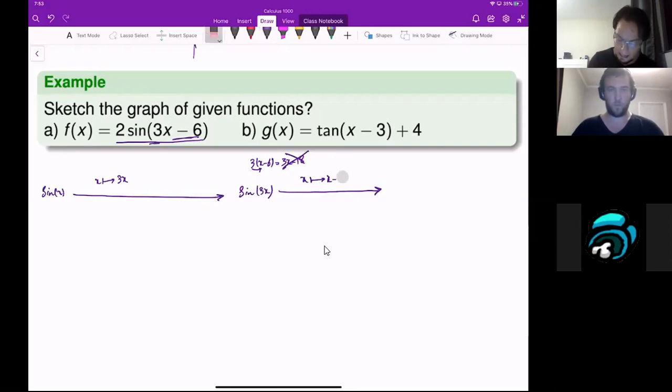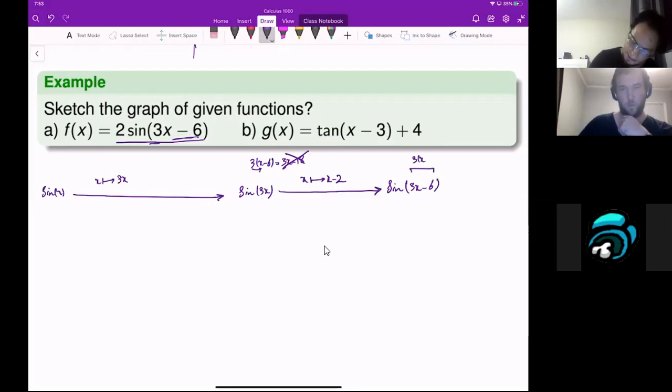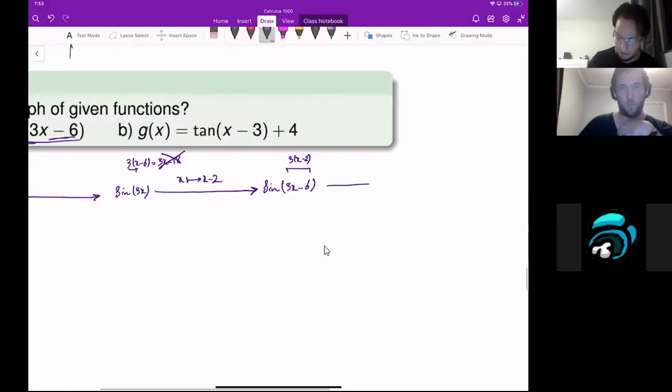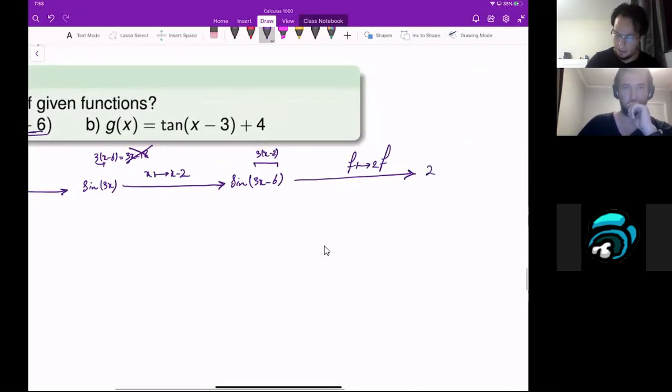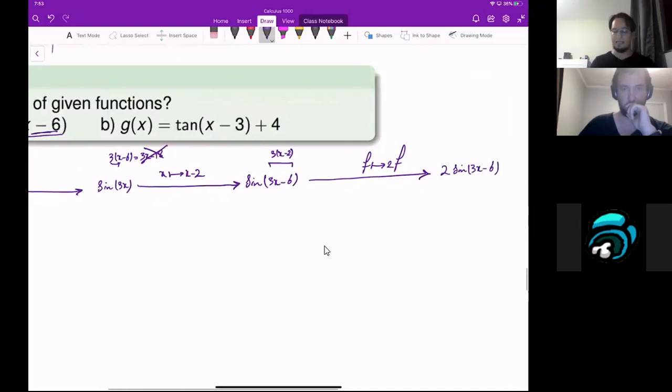But if instead I do x minus 2, then this will turn to sine of 3(x minus 2), but 2 is multiplied by 3, that is minus 6. So let me just write this as sine of 3x minus 6. And then there is one more step, which is just multiply the whole function by 2. So is it 2 or 3? Yeah, 2. So this will be 2 sine of 3x minus 6. And that's the function.